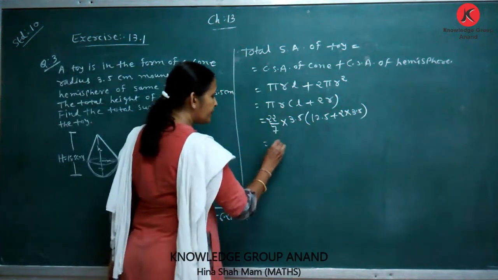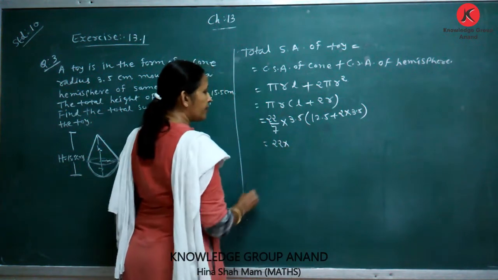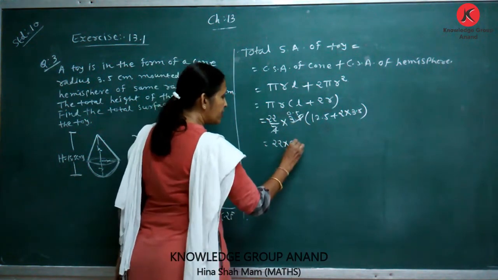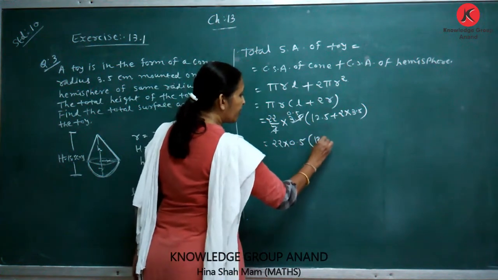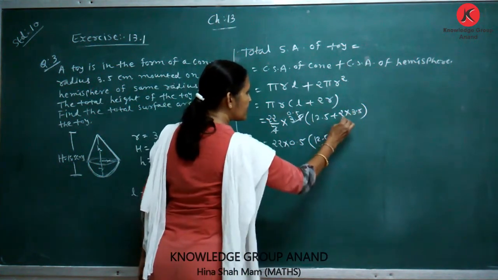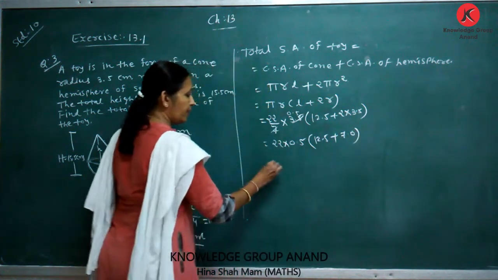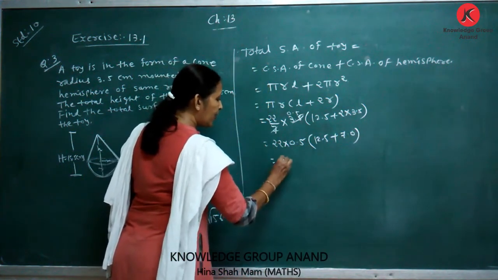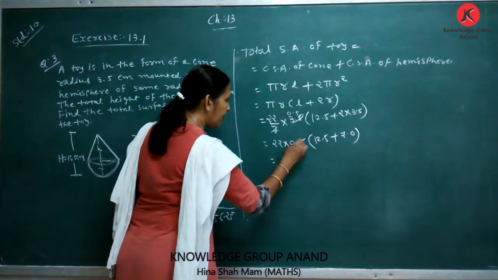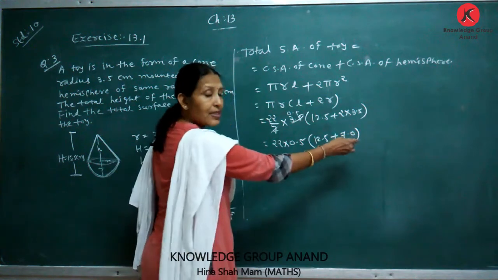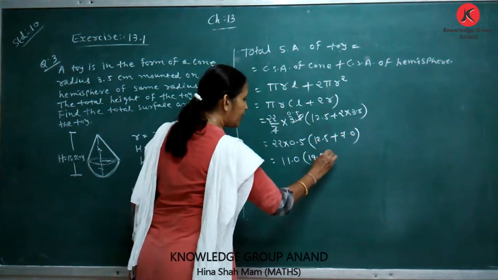Simplify. 22 by 7 into 3.5 gives 11. Then 12.5 plus 2 into 3.5, which is 7.0, gives 19.5.